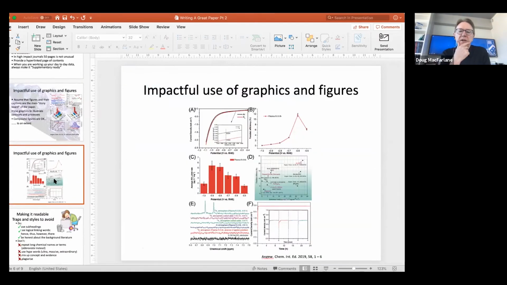So on this slide, I think we have an example of overuse. We have 6 items in the single figure. Only two of those have further insets inside the figure, so effectively there are 8 display items here.